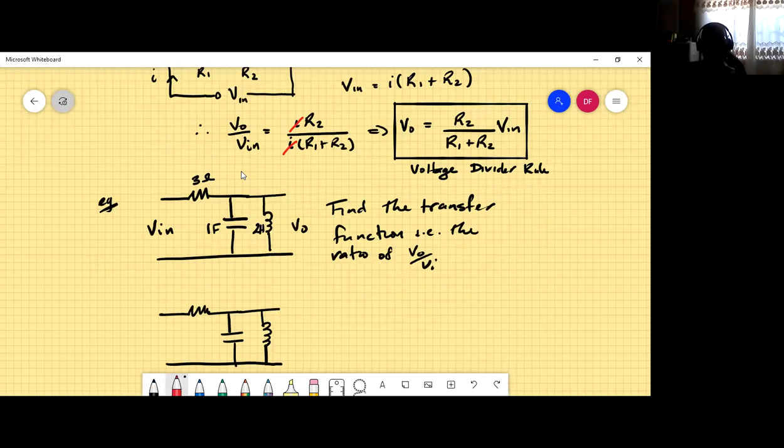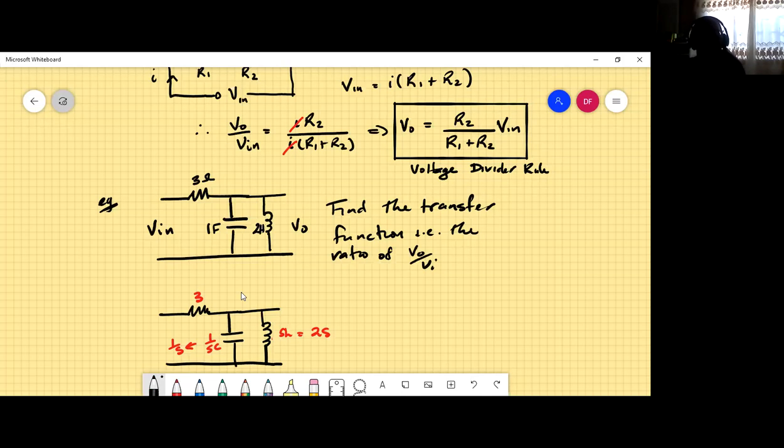So 2 henry would be S times L, and the L is 2, so therefore it would be 2S. And this is 1 over SC, the capacitor. The capacitor is 1 farad, so that's 1 over S. And the resistor is 3 ohms, so that would be 3.